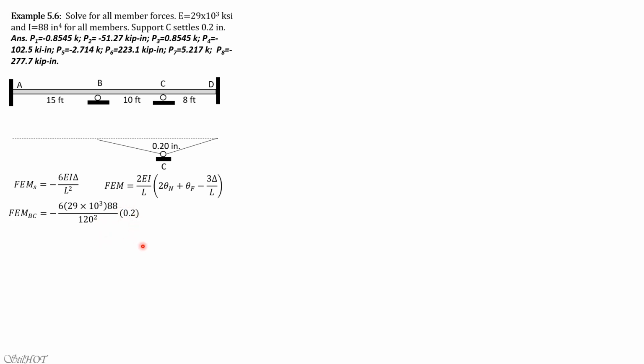Then settlement 0.2 is treated positive because the rotation of BC is clockwise. But the result is negative, and negative moment in the slope deflection equation means it is counterclockwise. So that's counterclockwise. Negative fixed moment. So I'll now make it positive because I put the original direction.